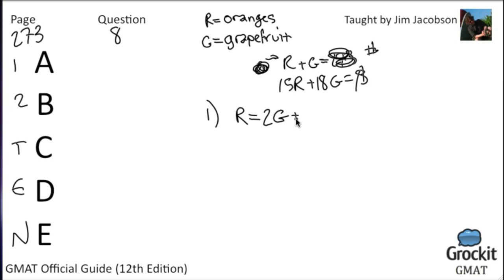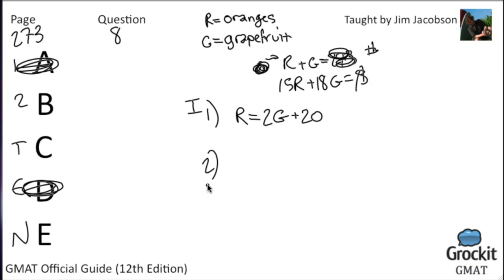So R equals 2G plus 20. So we have two variables with one equation. And since we are actually being asked for the value of one of the variables rather than a relationship between the two variables, the statement is insufficient. So it's not A and it's not E.